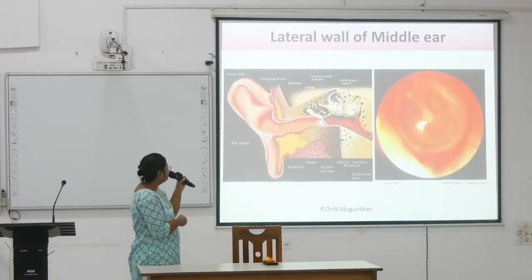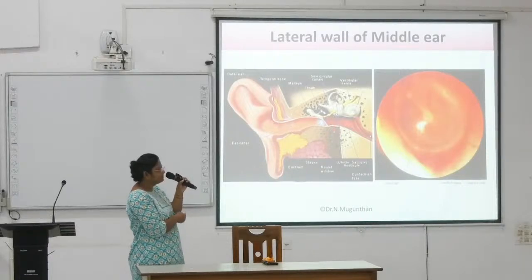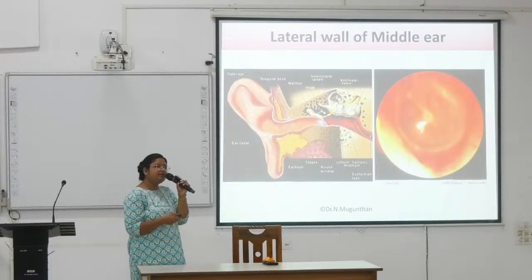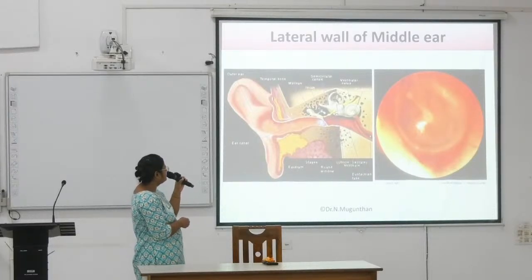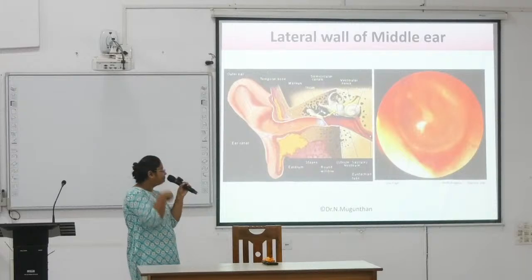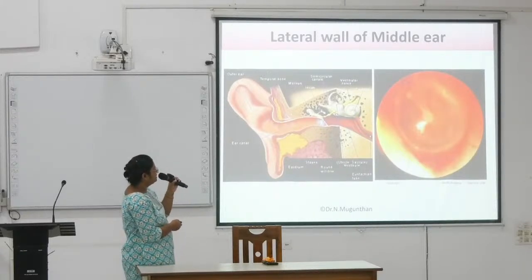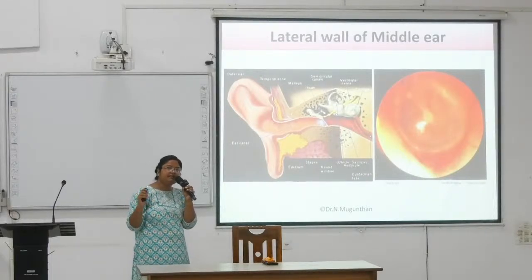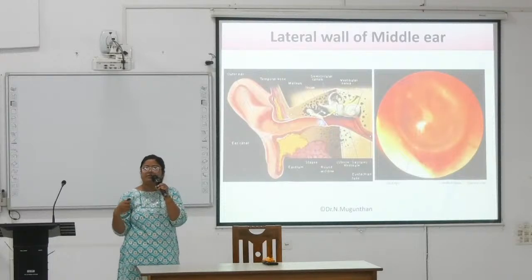The tympanic membrane is not vertical; it forms an angle of about 55 degrees with the external auditory canal. Okay, understood? And this is the reflection of the handle of the malleus, which forms a prominence or convexity on the inner aspect of the tympanic membrane, known as the umbo.